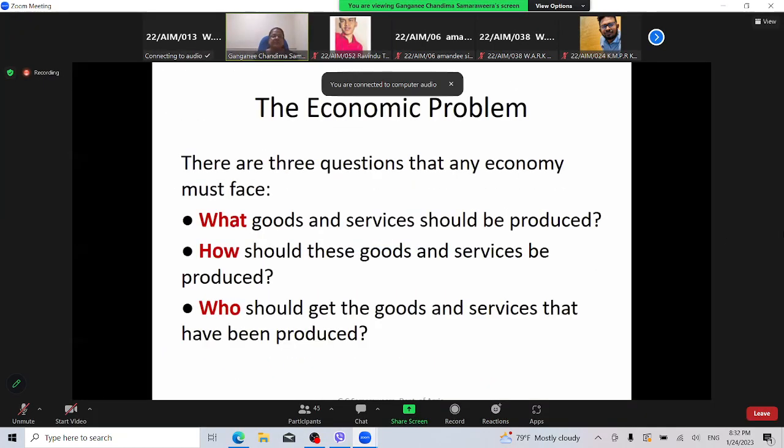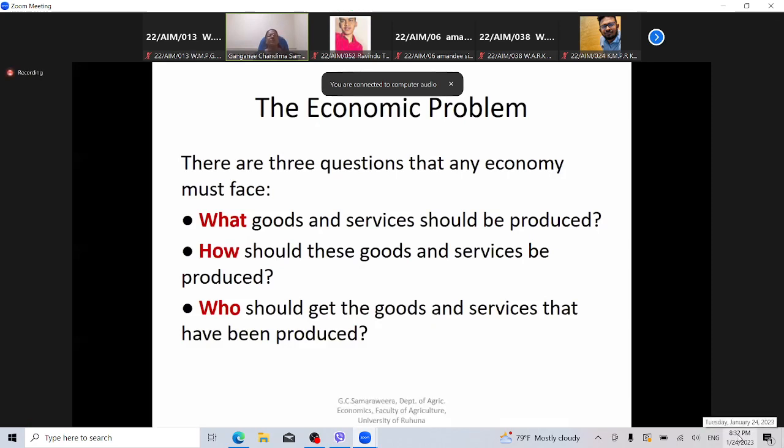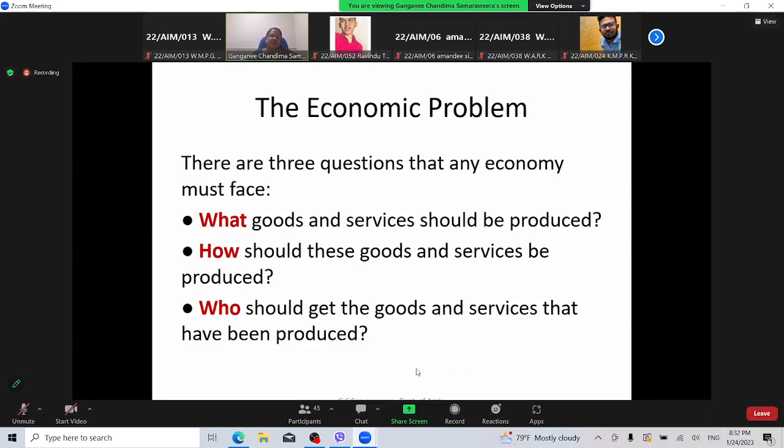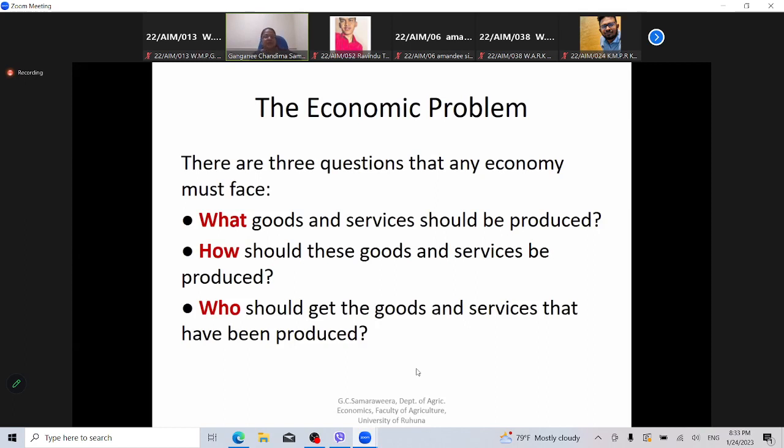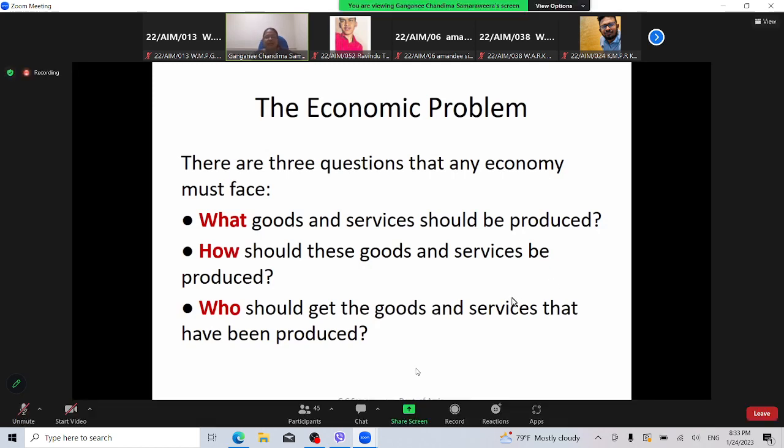Now we'll move to the economic problem. There are three main questions in an economy. The economy faces these problems. Let's say you are a firm or business owner. You have one question: what goods and services should be produced?